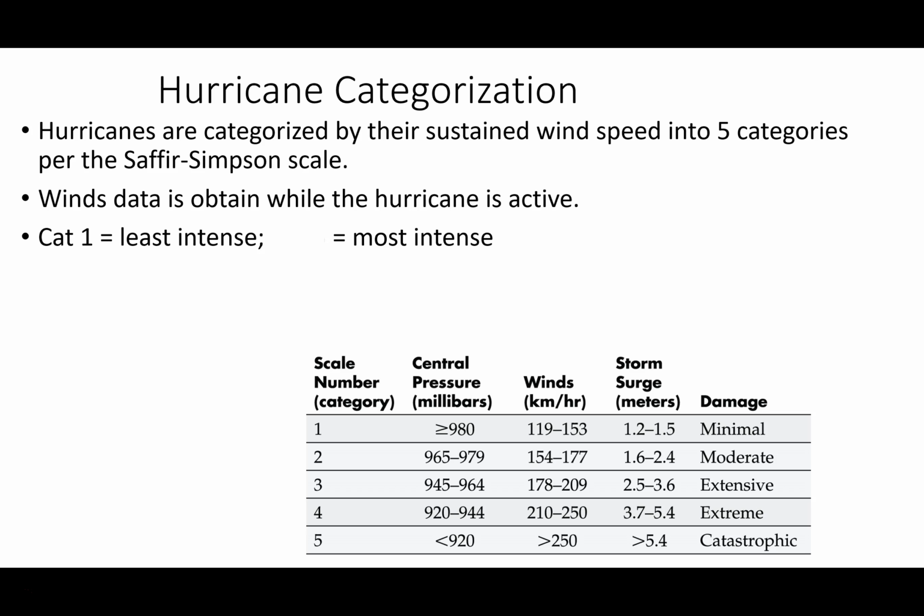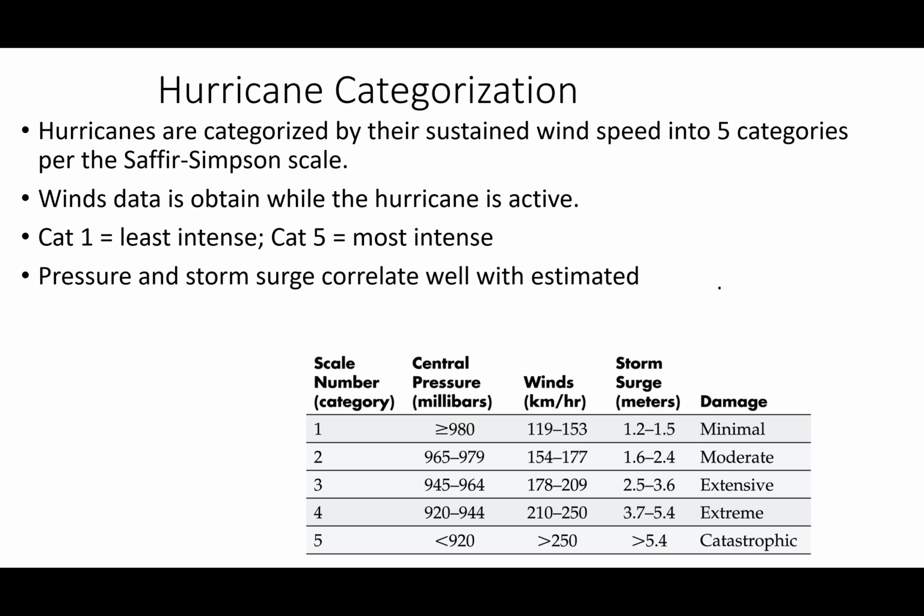Category 1 is the least intense. Category 5 is the most intense. I already talked about this, I'll put the word low in front of pressure. The lower the pressure, the more intense it is. We'll talk about storm surge when we meet again on Monday. But you can see the central pressure and the storm surge winds.